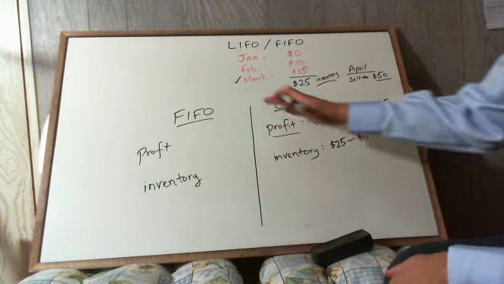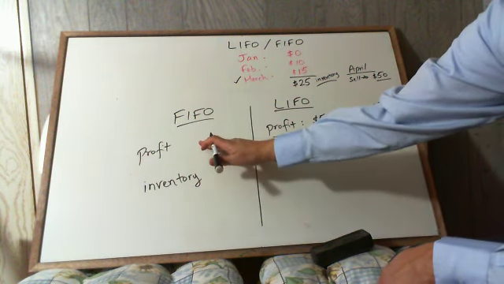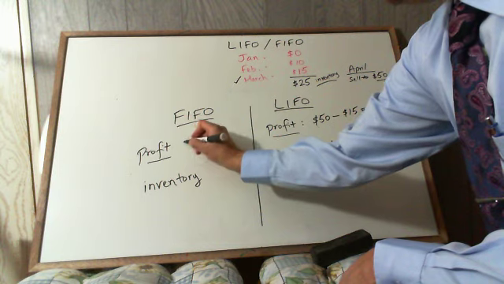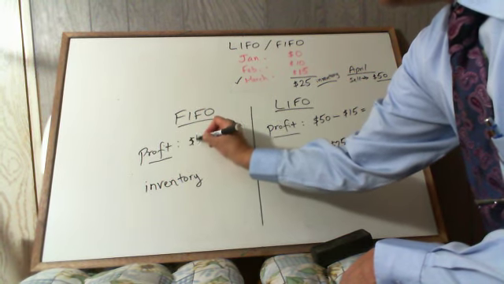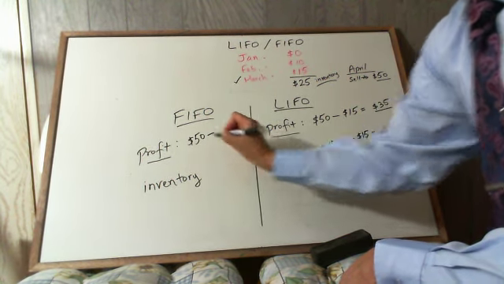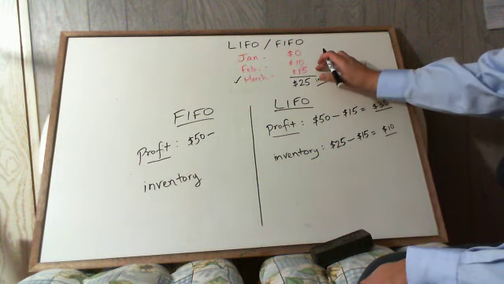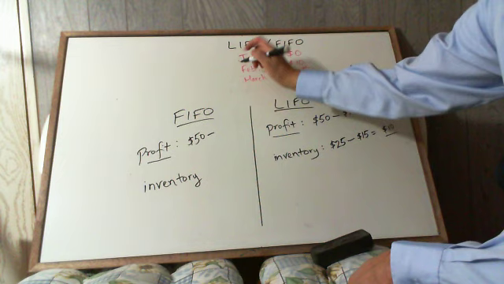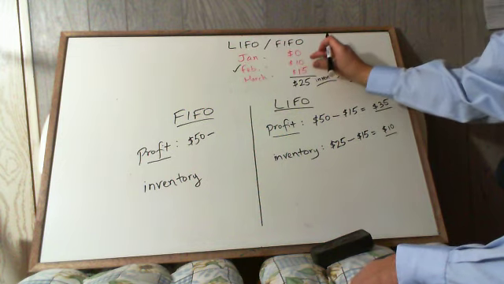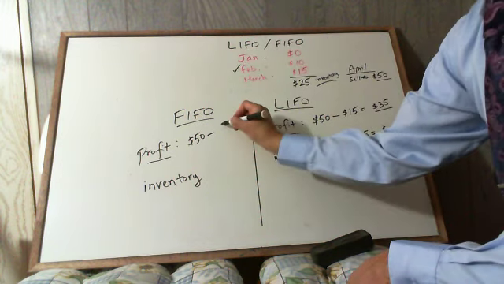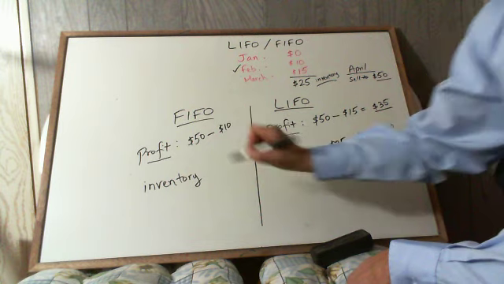Now let's take a look and see how we'll calculate in the case of FIFO. In that case, the profit we will calculate by taking, again, $50 as our selling price, and we're going to minus, in this case, not the last in, but the first in. This product came in first, so we're going to be taking $10 here, right?